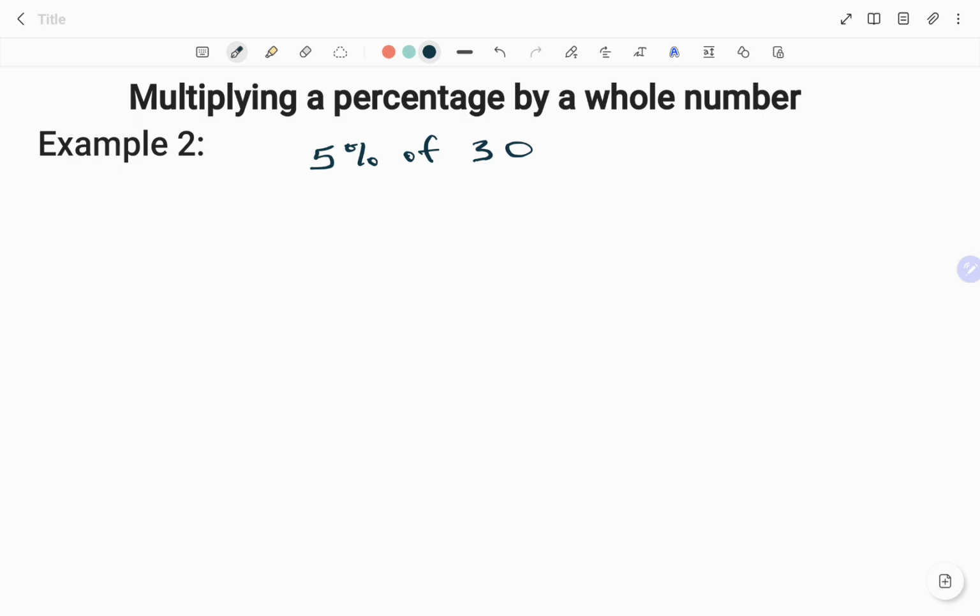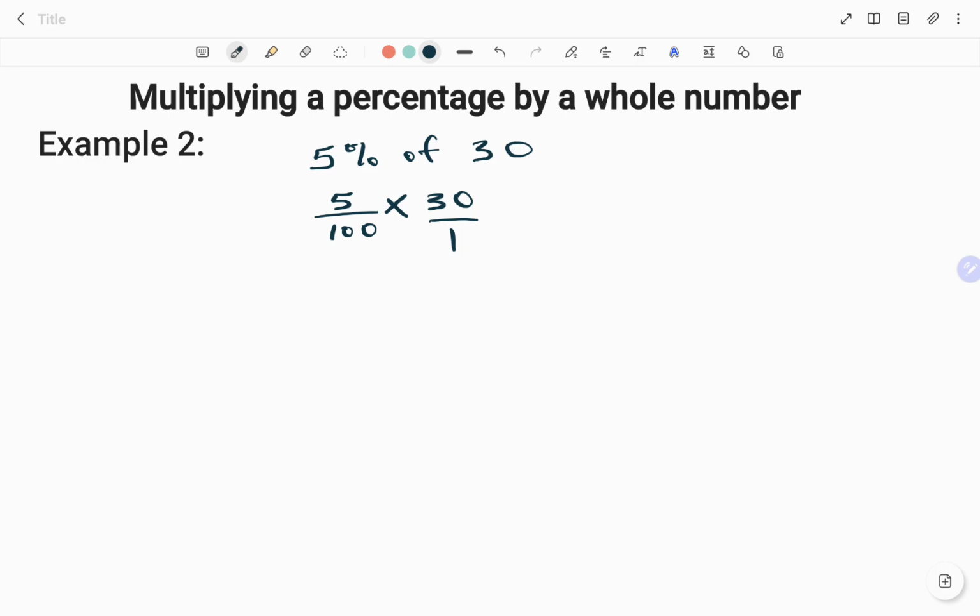Let's try out another example. In this example, we are going to find 5% of 30. Remember, the first step, we change a percentage into a fraction and we multiply by a whole number. In the first example, we multiplied out before we simplified. In this example, we are going to simplify first before we multiply out.